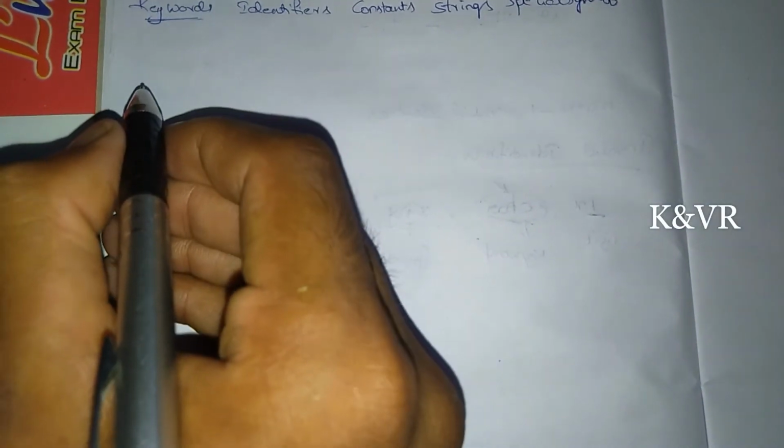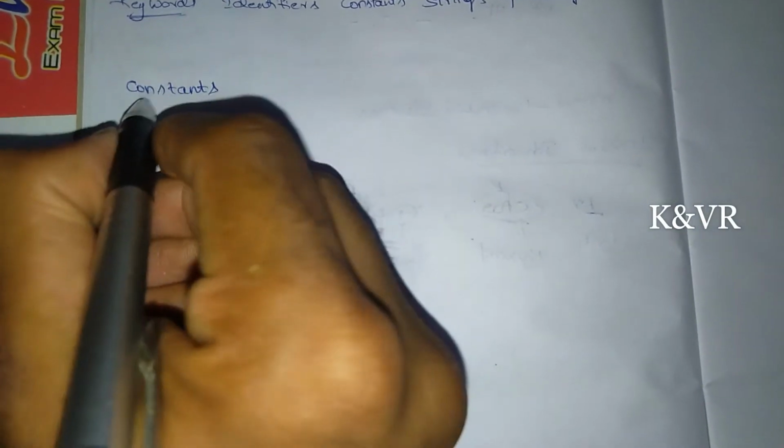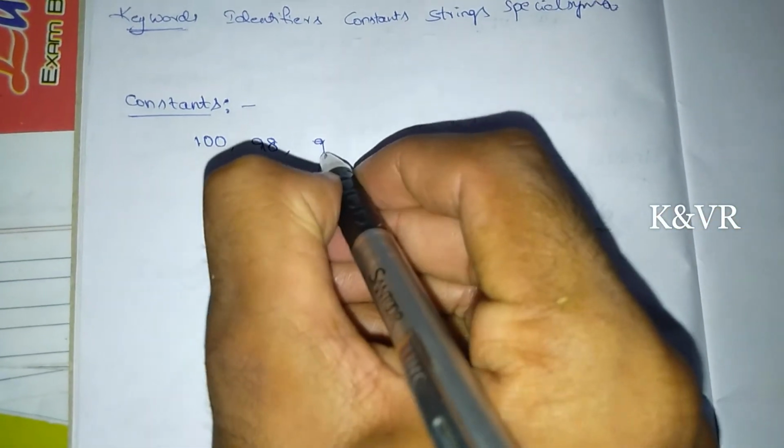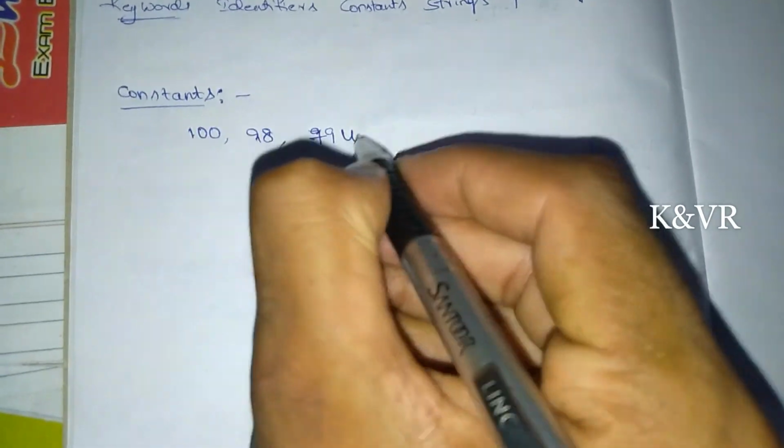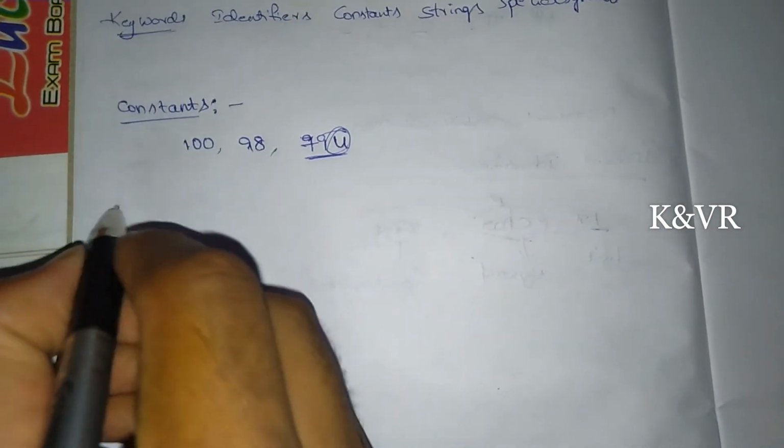The next C token is constants. The name itself says that it has a fixed meaning, like numbers. Later you will come across this and understand it. The next C token is strings.